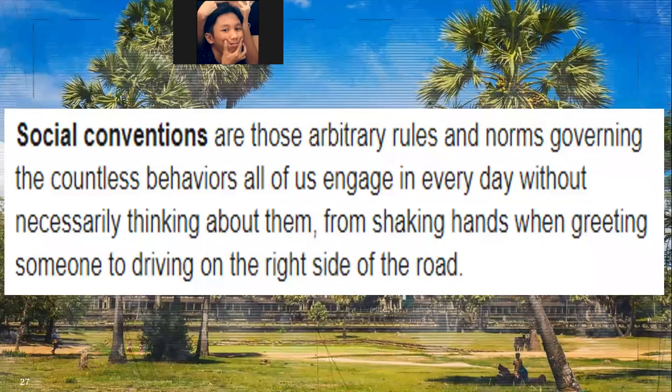Social conventions are those arbitrary rules and norms governing the countless behaviors all of us engage in every day without necessarily thinking about them. From shaking hands when greeting someone to driving on the right side of the road. Even our nonverbal communications, like our gestures, like for example in Filipino culture, yung mag-bless, magmano, and mag-bow down in order to pay respect to other people.